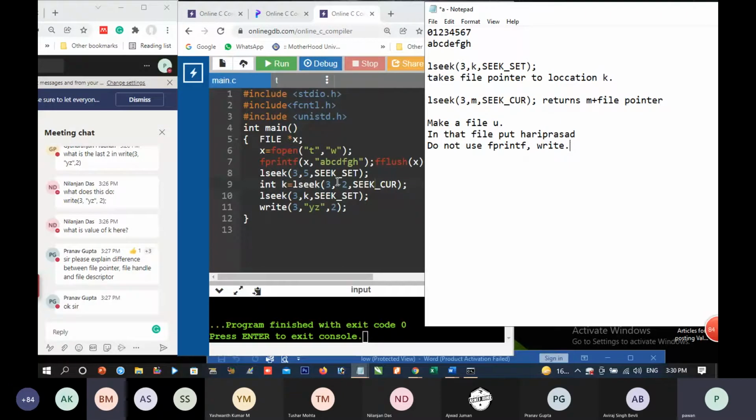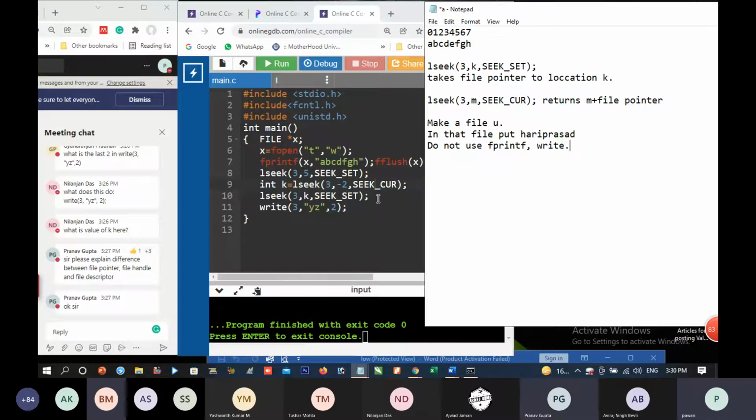Suppose we had put +2 here, then there was no need of SEEK_SET; the file pointer will be +2. But once we put -2, the file pointer doesn't change. So the value of k minus the file pointer comes here, and then the file pointer is taken to k with respect to the initial position. Is it correct?